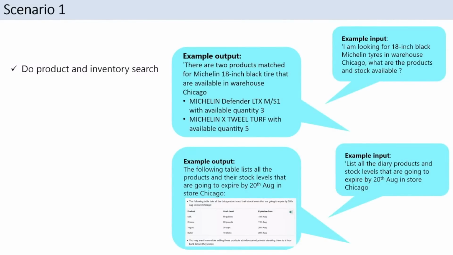On the left side, you can see the example output. The Copilot said, we found 2 products that match the criteria you defined in your input, and it lists the products which fulfill the requirements of the request.